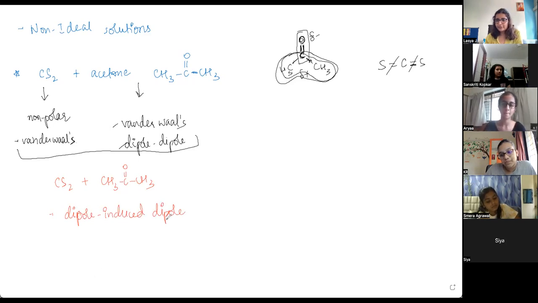So why dipole-induced dipole? Acetone has a bit of polarity that is going to induce a little bit of dipole in CS2 when they both come close together.